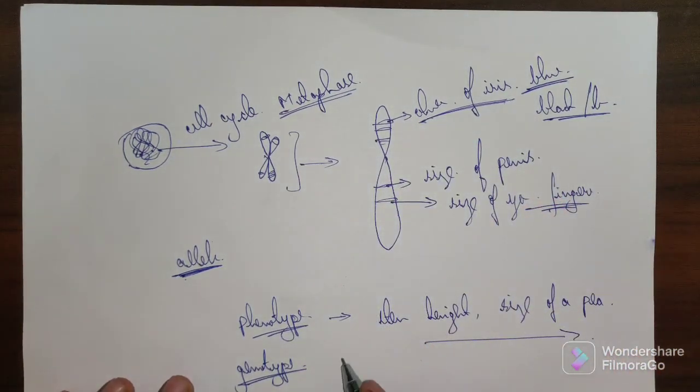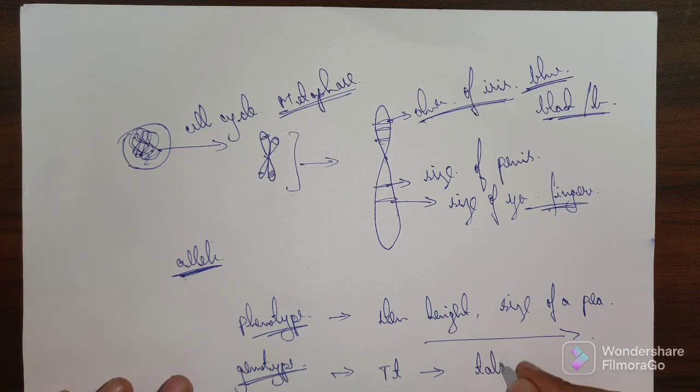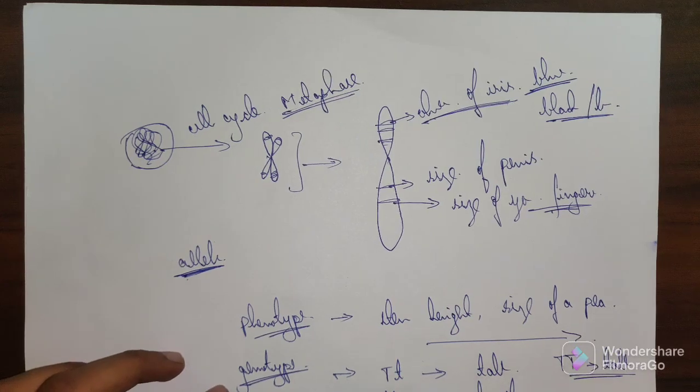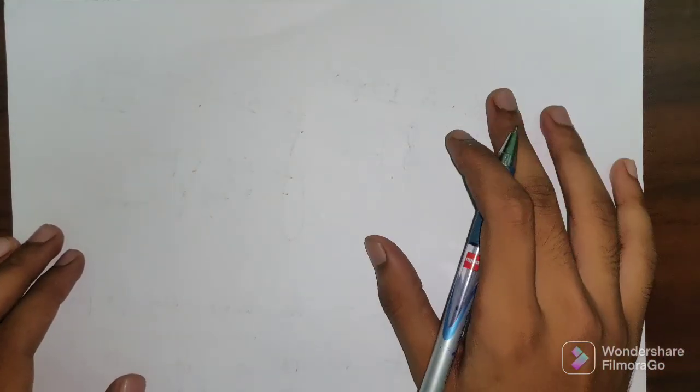So this may be small t, small t, which codes for dwarf, or capital T, small t, or capital T, capital T, which code for tall. These were just the introductory part of this lesson.